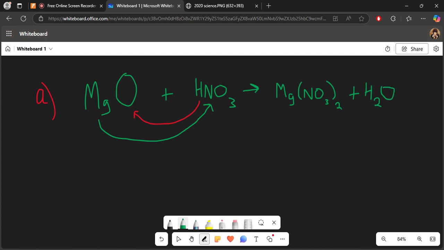Now, our equation must be balanced. Here we have one nitrate, but here we have two nitrates. If I add the two here, I balance out my nitrates. I also happen to balance out my hydrogens, oxygen, and magnesium. So the entire equation is balanced. This here is our balanced chemical equation for the reaction.